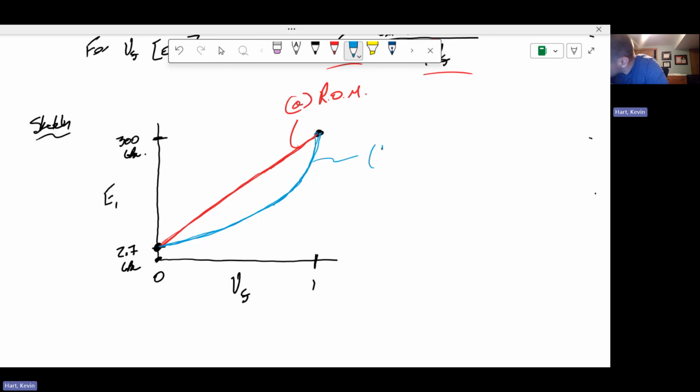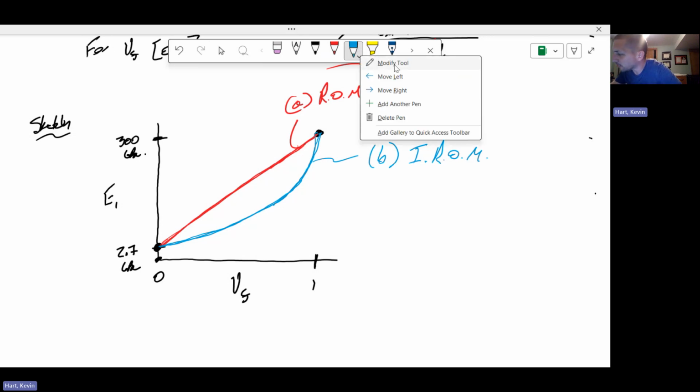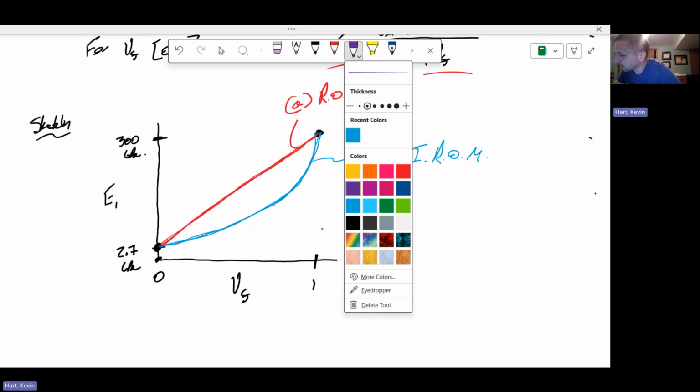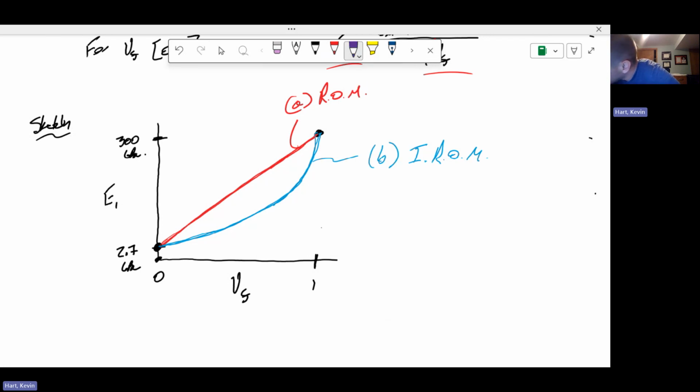This is the equation for B, which is the inverse rule of mixtures. And then finally, you have part C, which is Halpin-Tsai with xi equal to 100, and it's just going to end up being somewhere in between. Maybe we can pick a different color. Let's pick purple. It's going to be somewhere in between these two.